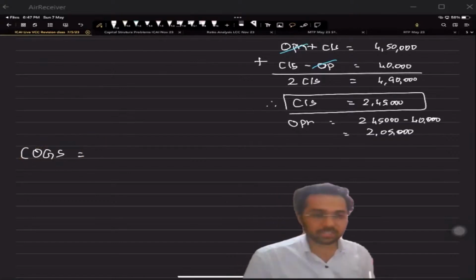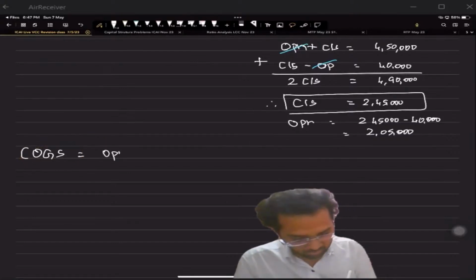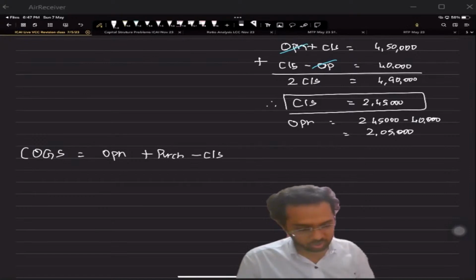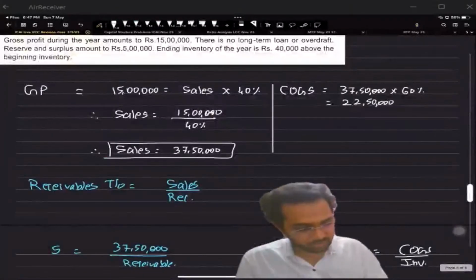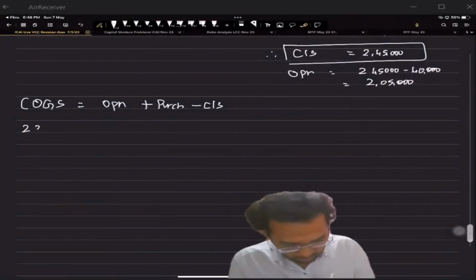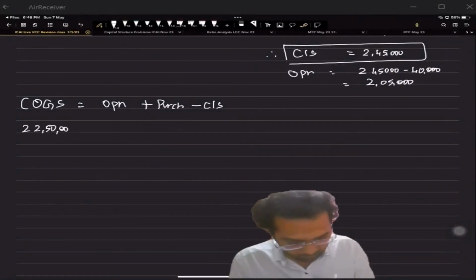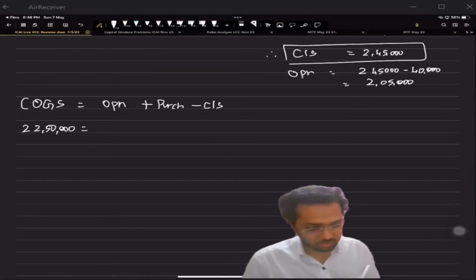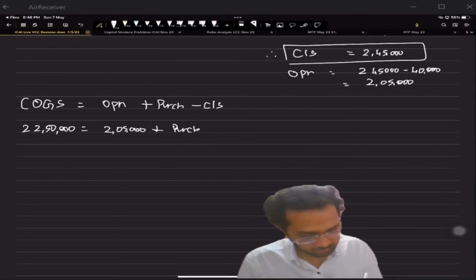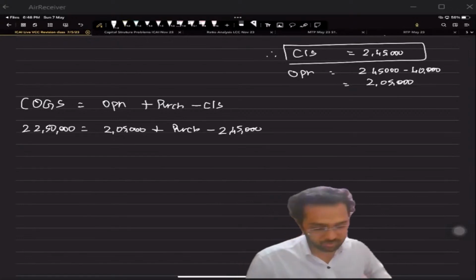We know that COGS is actually computed as opening plus purchases less closing. So the COGS figure we do have, which is 22,50,000, and that is equal to opening of 2,05,000 plus purchases minus closing of 2,45,000.